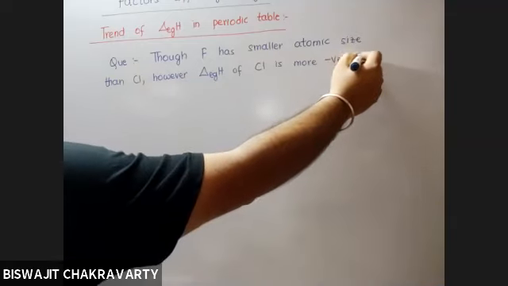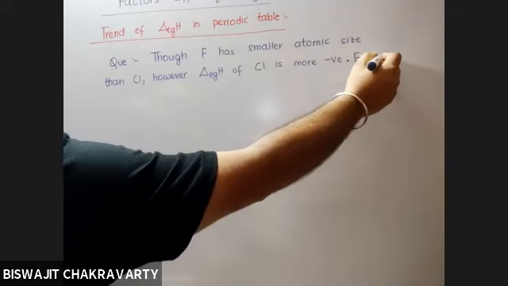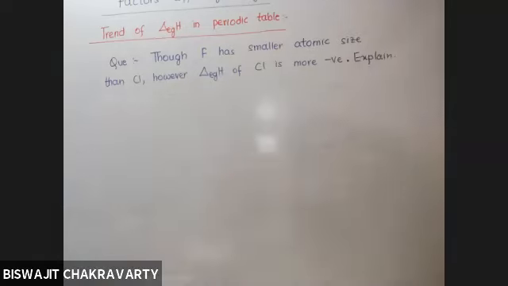Explain. Though fluorine has smaller atomic size than chlorine, and if the atomic size is small, they are supposed to release greater amount of energy. But here the reverse has been found to be true.